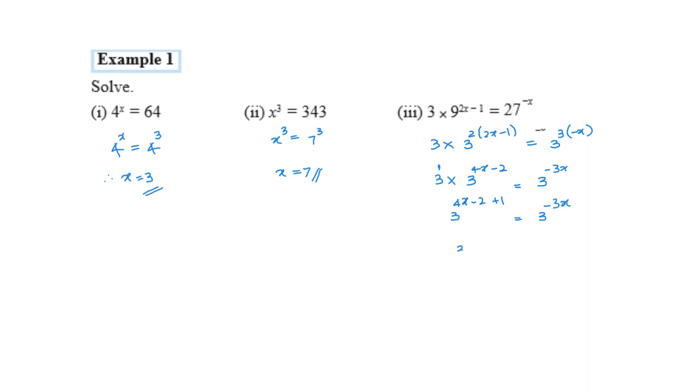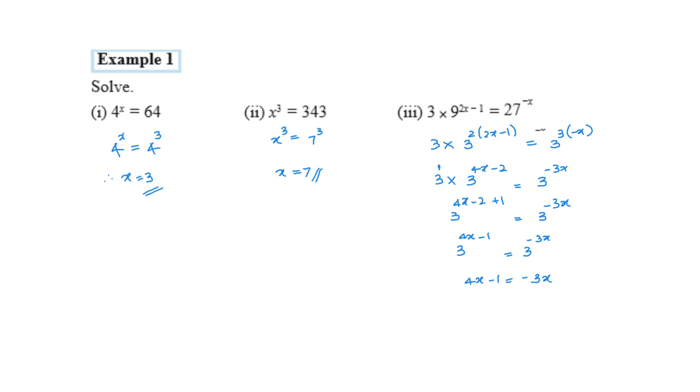Next, 3, you have 4x minus 2x plus 1, you have minus 1 there, and 3 to the power minus 3x. So here the base is equal, so the indices are equal. Then you can write 4x minus 1 equal minus 3x.